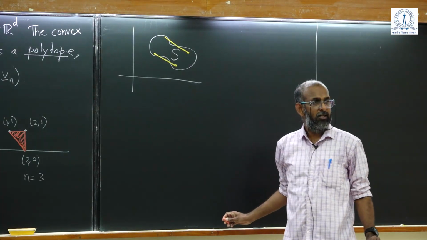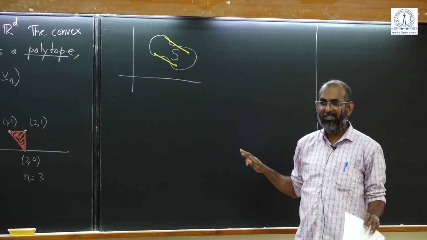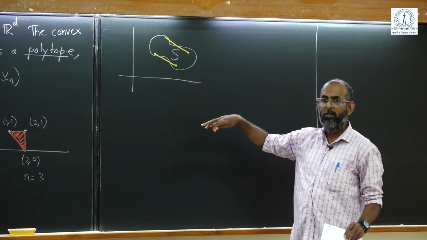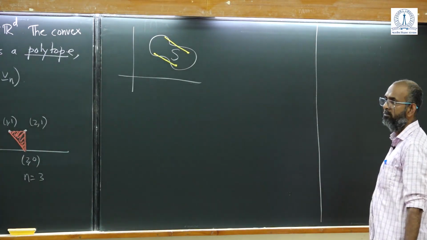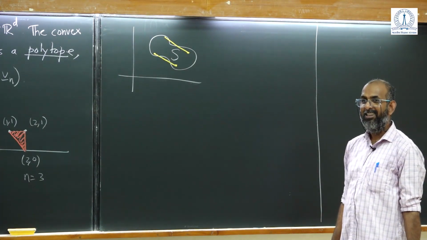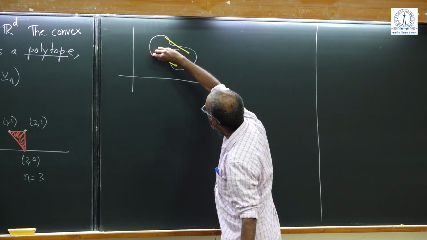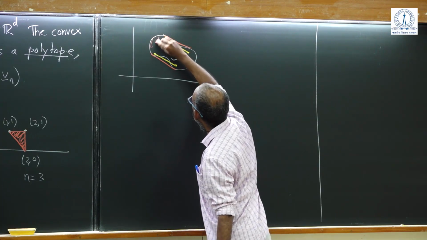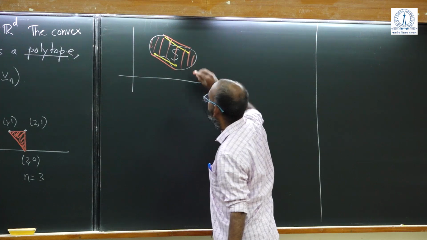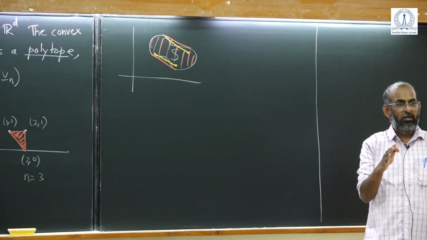So what will you get? It's nothing very special. Yeah, like a stadium. Okay, that's it. So we will draw these tangential lines which will cover all of these, and everything inside will be included.